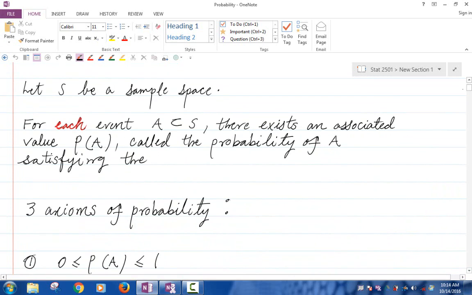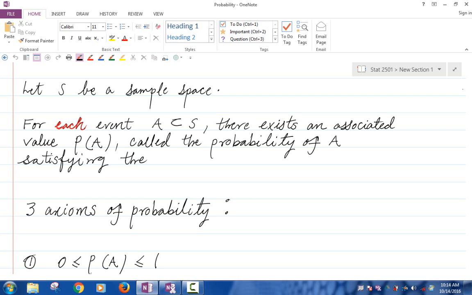There are only 3 axioms. All we need to do is make 3 assumptions, and then we can create the theory of probability based on that. So let's let S be a sample space associated with an experiment.